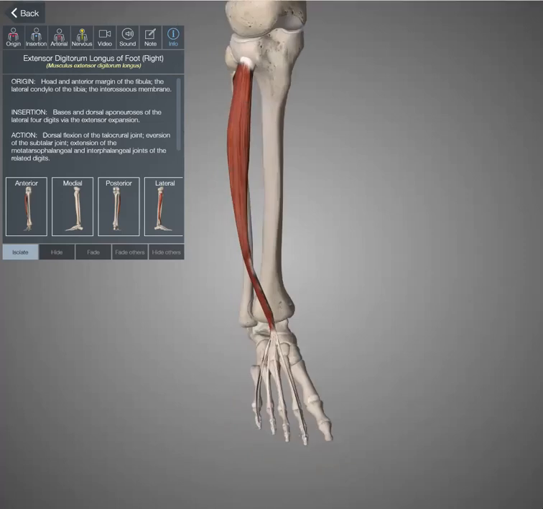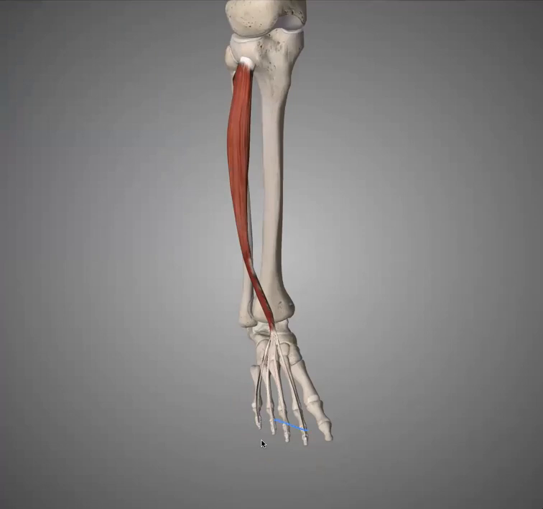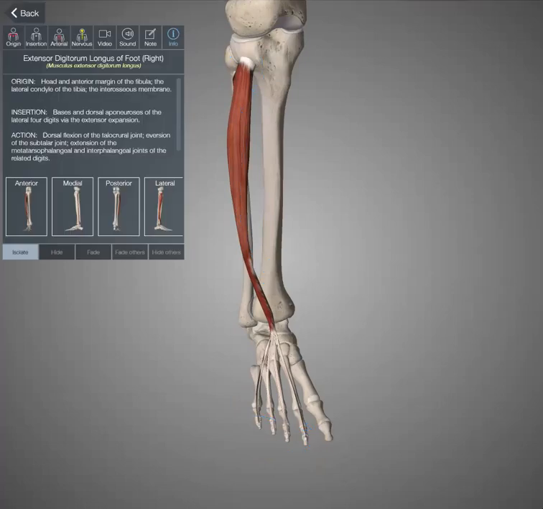Okay, as seen here. That's where it starts, goes down, and controls the four last toes. What it does is that it is able to extend the lateral four toes and dorsiflex the foot. Well, what does that mean?